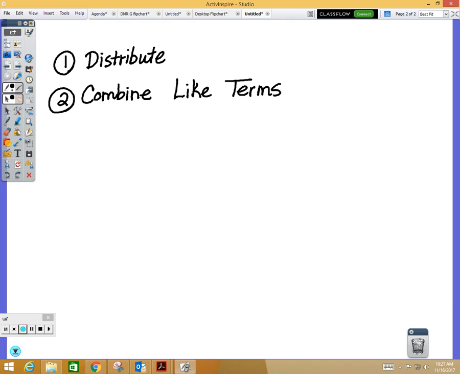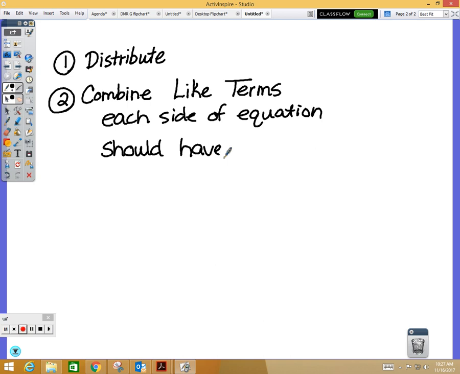So you don't want any more than 2 terms on each side of your equation. Each side of the equation should have no more than 2 terms.